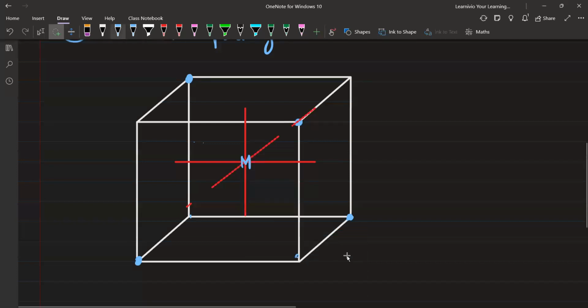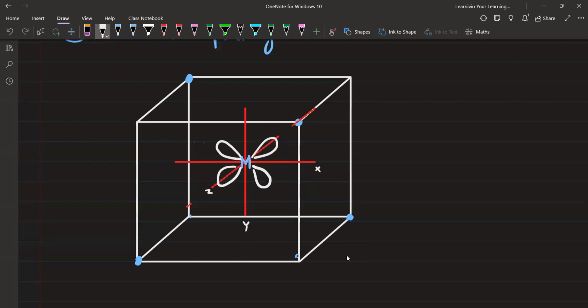This is the metal. Now please see, this one is, let us suppose, the x-axis, this one is the y-axis, and this one is the z-axis. If I make the ligand like this, the non-axial ones, we can see that these are the non-axial orbitals, and these are, let us suppose, the axial ones.